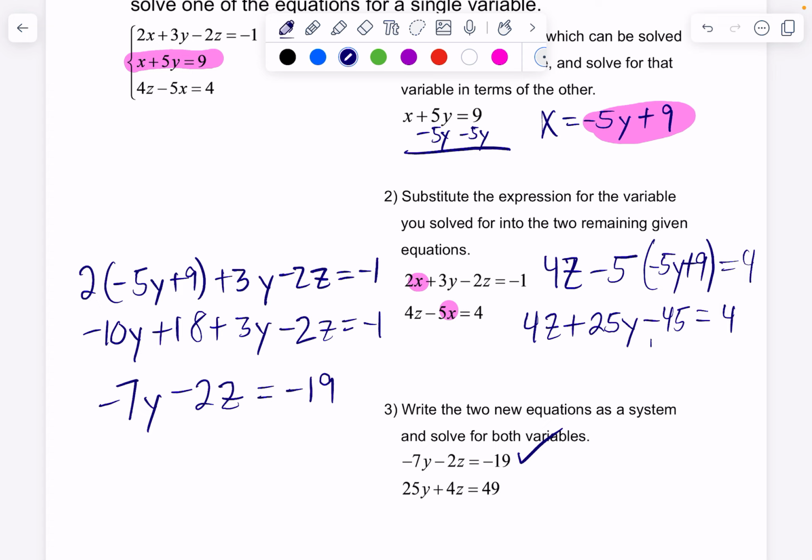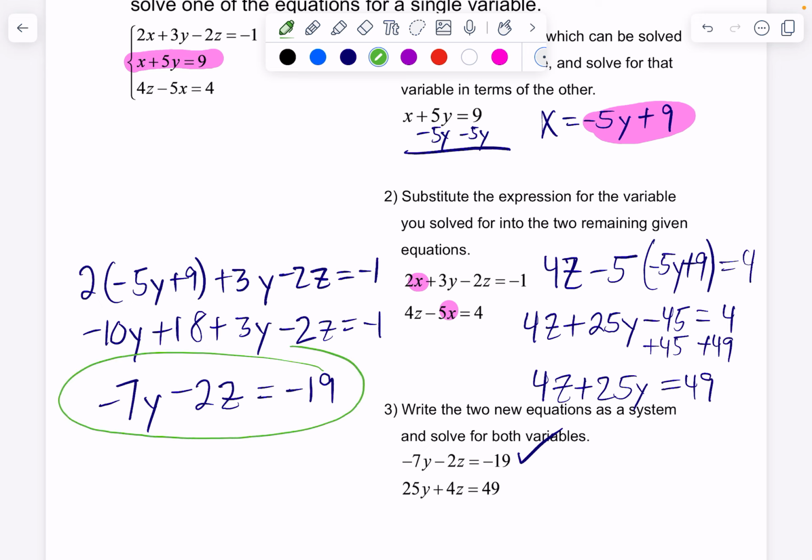So I'm going to go ahead and add the 45 over here. And then I have my 4z plus 25y equals 49. Okay, so that's how I got this one. And that's how I got the second one.